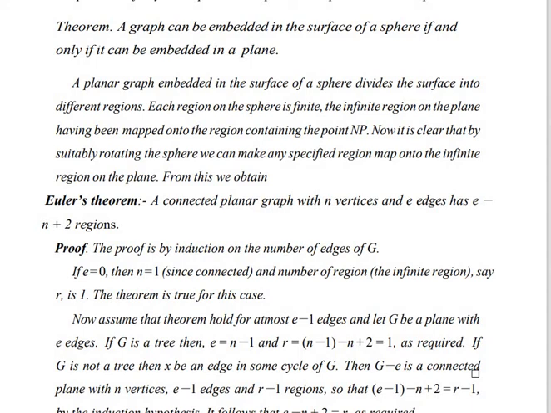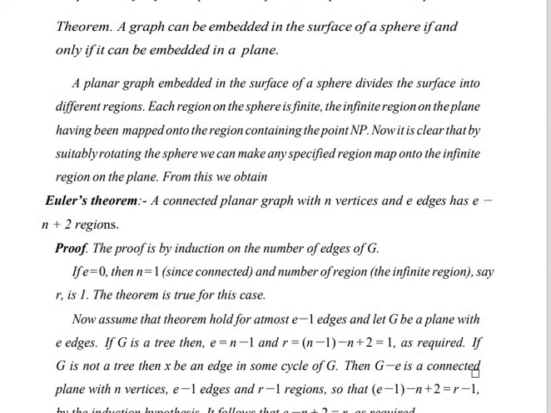Next, as in the procedure of mathematical induction, we assume that the theorem holds for at most e minus 1 edges and let G be a plane graph with e edges. If G is a tree, then e equal to n minus 1 and R equal to n minus 1 minus n plus 2 equal to 1 as required.